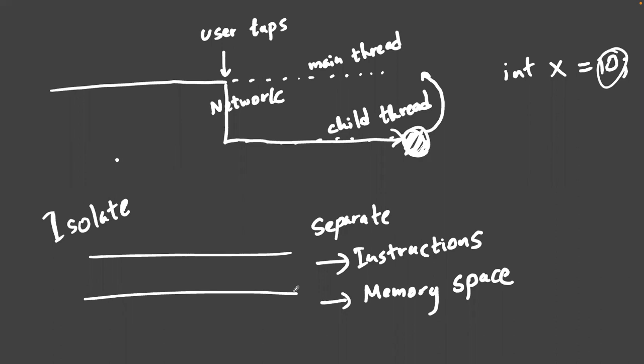So before moving into futures or anything, are we clear on why we need asynchronous programming, what an isolate is, and the difference between the normal Java or PHP or any other asynchronous model and the Dart asynchronous model?